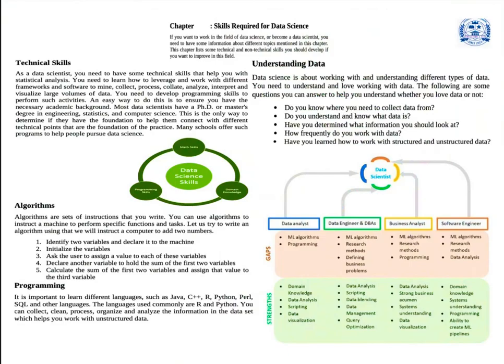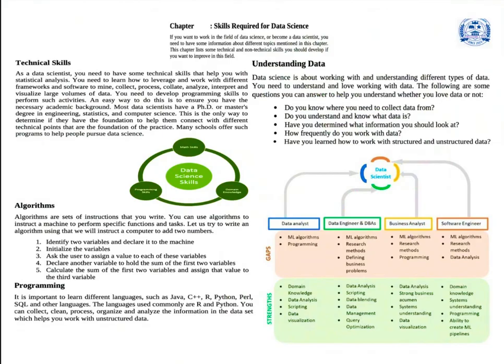Now, the skills required for data science I have discussed earlier, but if you want to know the details, then you need to think about the algorithm. For example, machine learning algorithm, programming, domain knowledge, data analysis, scripting, data visualization, and then research methods, defining business problems.